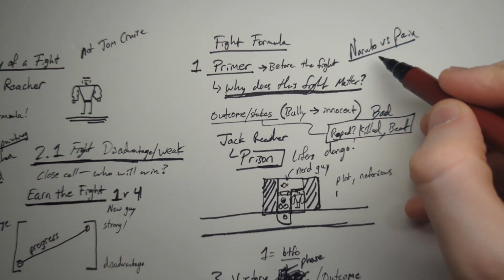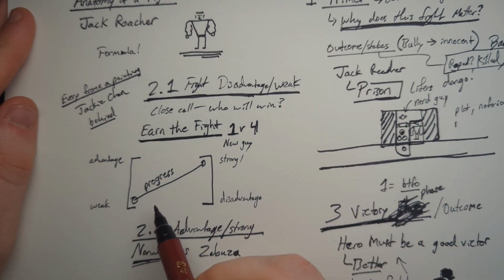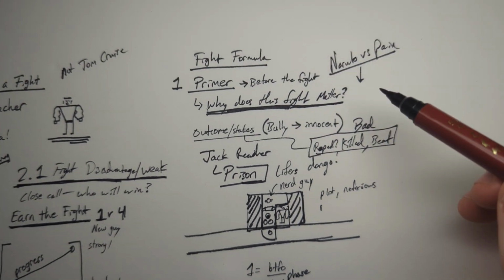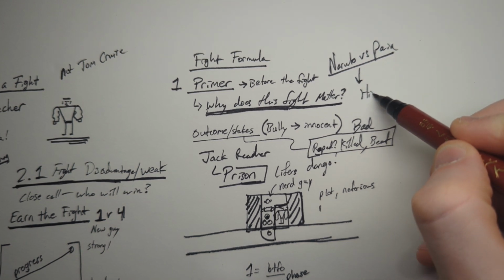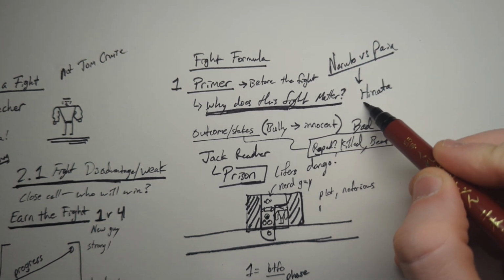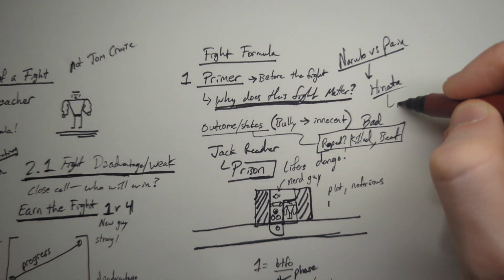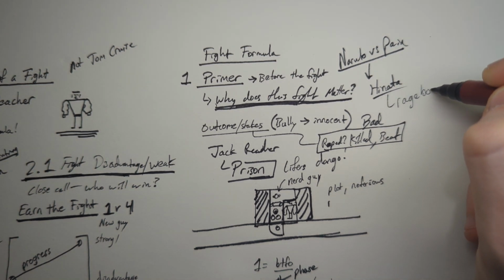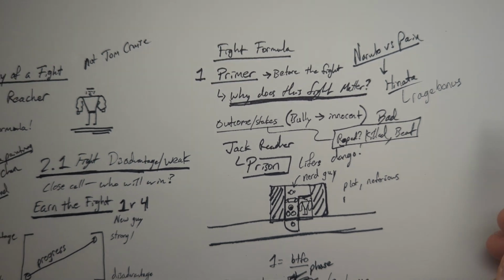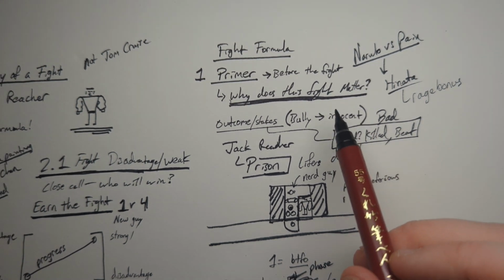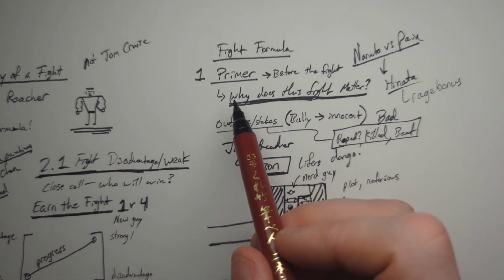And what we have here in the middle of the fight, you can have this aspect repeat several times, but in Naruto versus Pain, Hinata gets beat up by Pain. That activates the rage bonus for Naruto, and it basically answers, why does this fight matter?